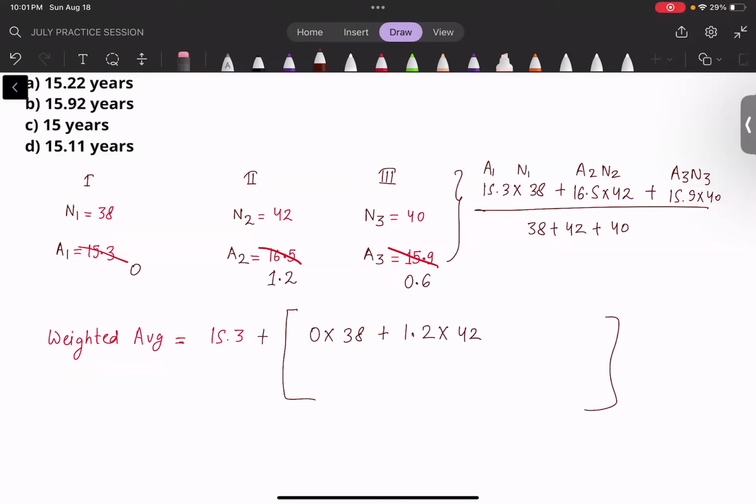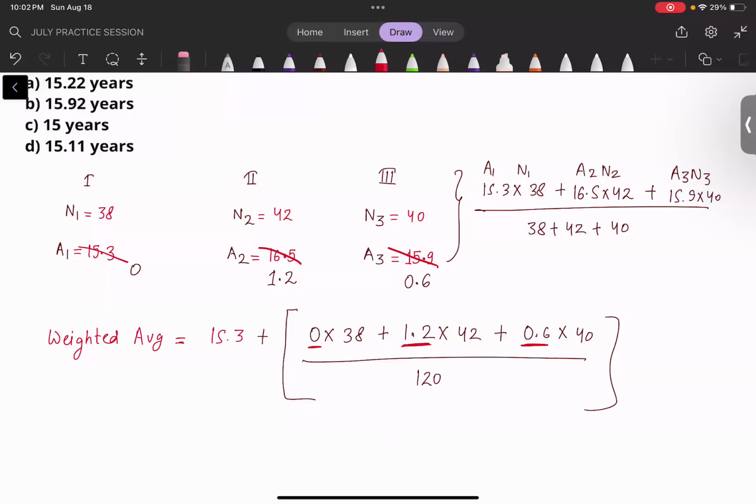N2, 42. A3, 0.6. N3, 40. Divided by N1 plus N2 plus N3 will come out as 120. Is it comparatively easy or not? Please answer. This 0 is deviation of A1. This 1.2 is deviation of A2. This 0.6 is deviation of A3.